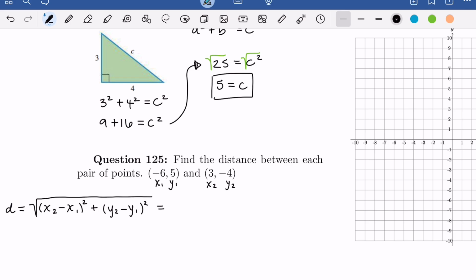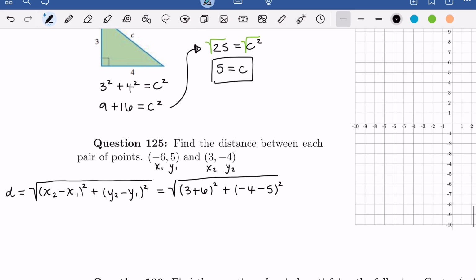Our distance is going to be the square root of x2 minus x1. So this will be 3 minus negative 6, which is 3 plus 6, squared. Then we're adding the difference between y2 and y1, so this will be negative 4 minus 5, squared. And this is all under our square root. All we have to do is simplify this.